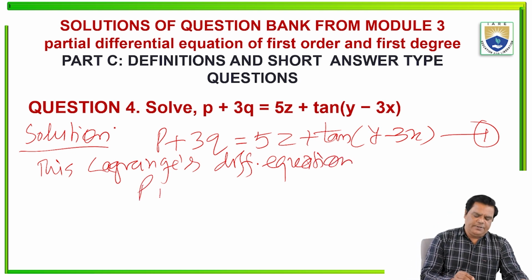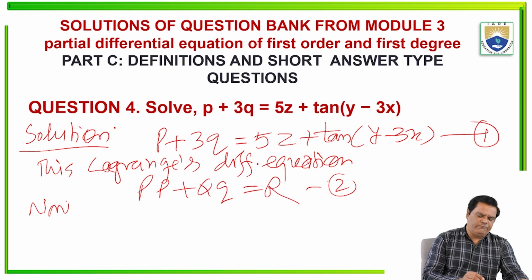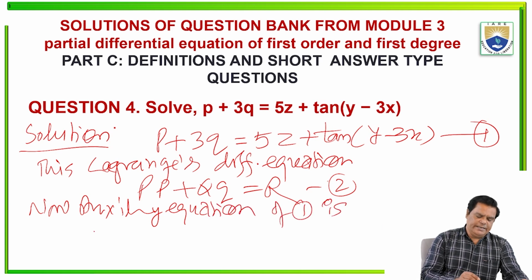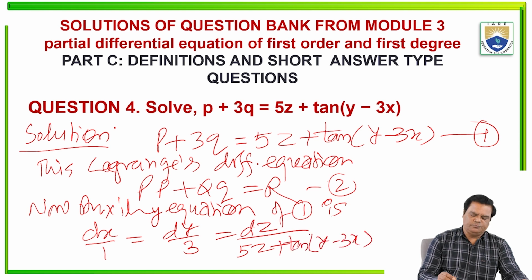Lagrange is capital P p plus capital Q q equal to R. This is equation 2. Now the auxiliary equation of 1 is dx upon 1, dy upon 3 and dz upon 5z plus 10y minus 3x. This is equation 3.